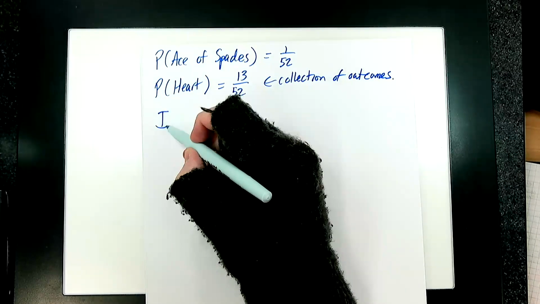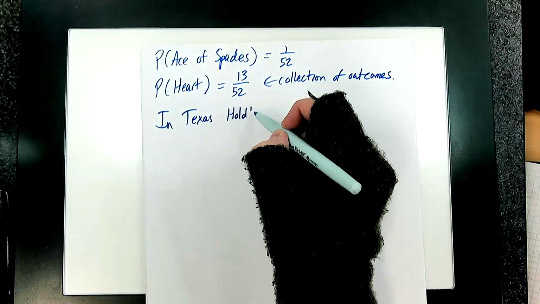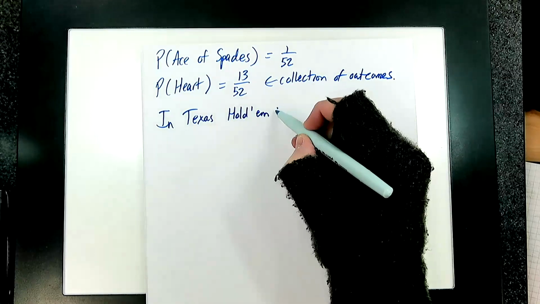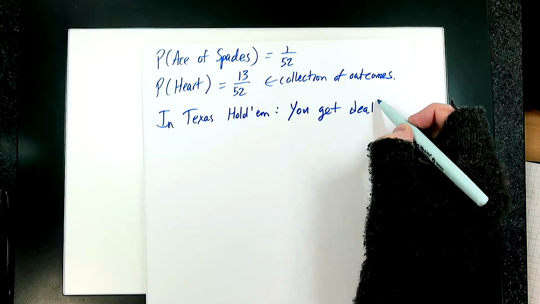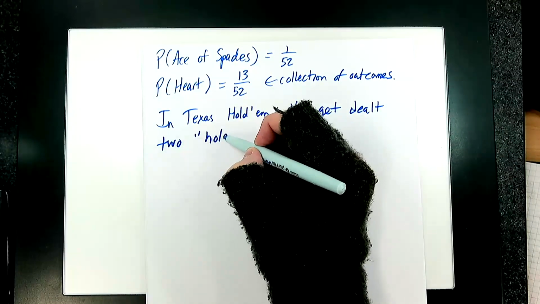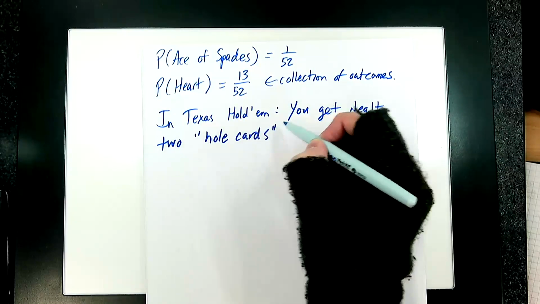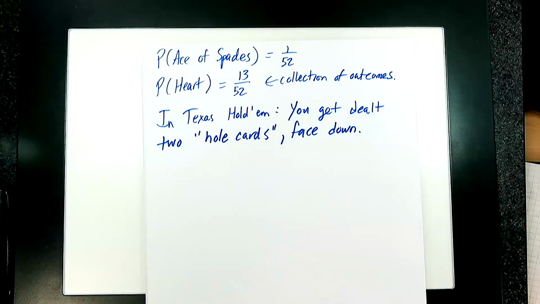In Texas Hold'em, this is where the poker's at. Pay attention. You get dealt 2 cards. They're called hole cards. They are face down, and no one gets to see them but you until the end.